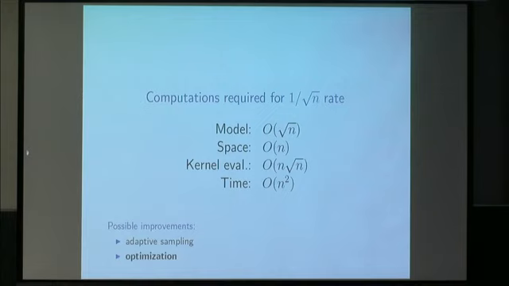So we go from n cubed for kernel regression to n squared. In the rest of the talk, I'm going to show that we can do even better than n squared. We can do n square root of n by exploiting specific properties of the Nystrom points.